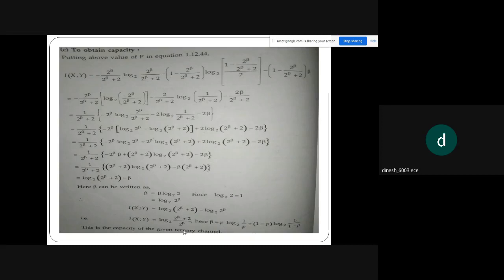So any doubts in this problem solving, you can type in the chat box.